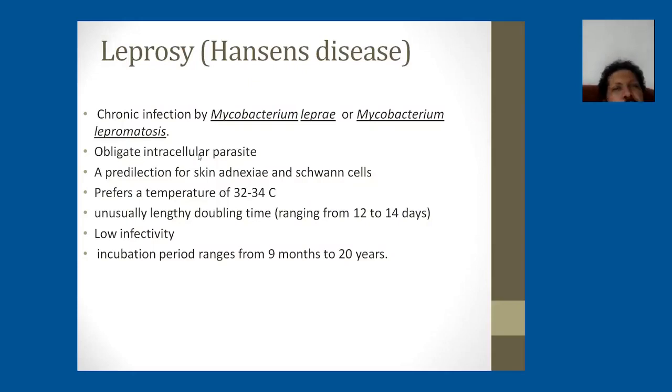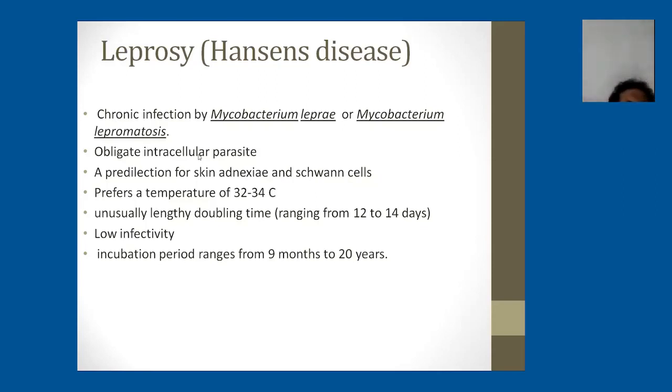So mycobacteria are obligate intracellular parasites. So obviously our humoral immunity with antibodies doesn't have much effect. So we have a cell-mediated immunity which gives a good fight against the organism. So usually the bacteria grow in Schwann cells and skin adnexal structures. What are the adnexal structures of the skin?